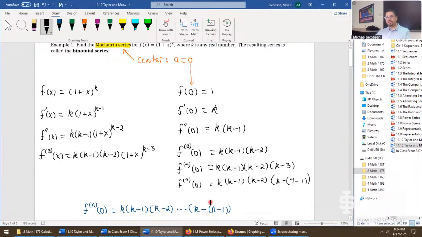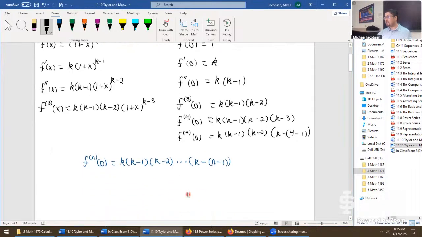We were forced to write it in this way, but we could distribute the negative sign through to get k minus n plus 1, or k minus n minus 1, kind of the same thing in a way. This is just conveying you took the n minus 1 term coming from the nth order derivative if you left it in that format. So that's how all of this works so far. Any questions at the moment?